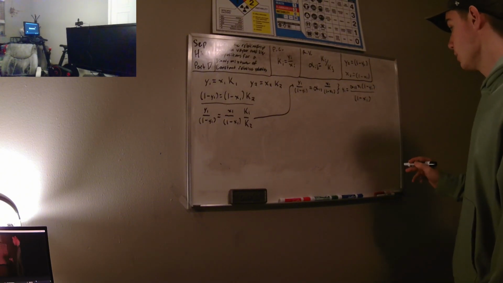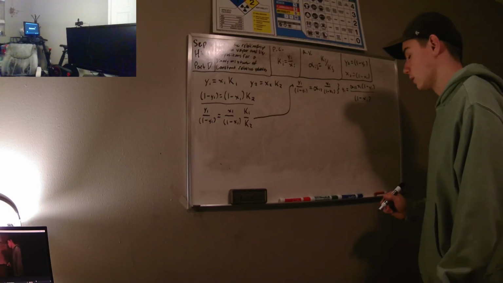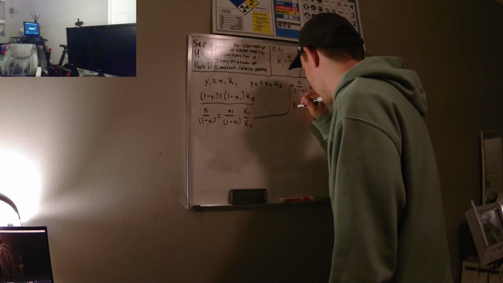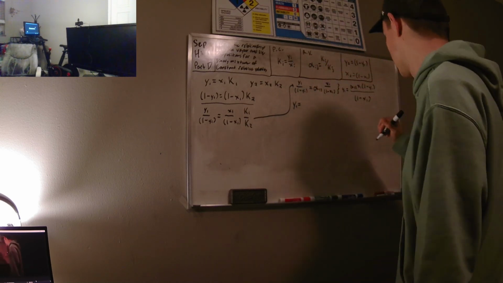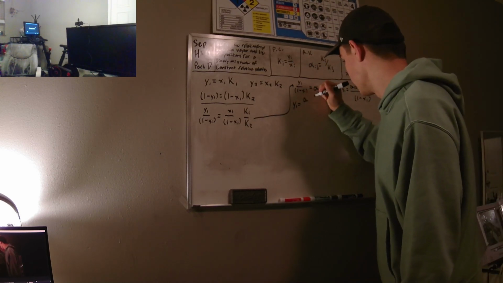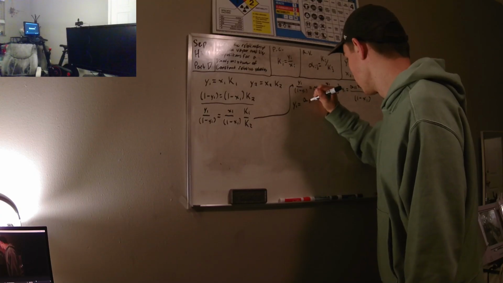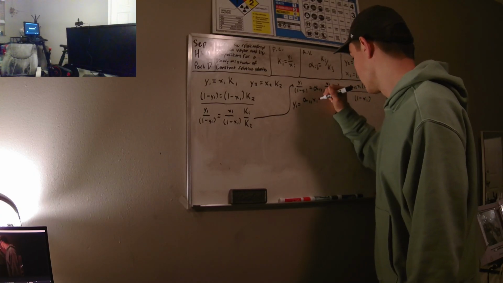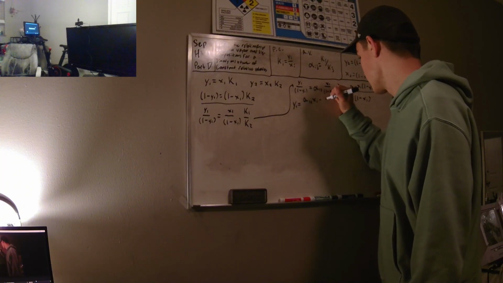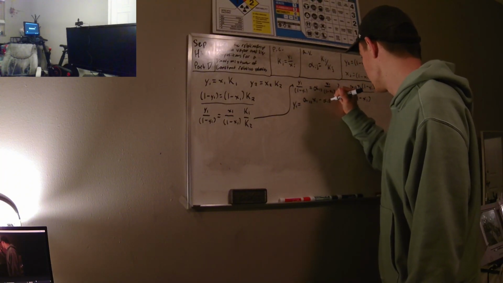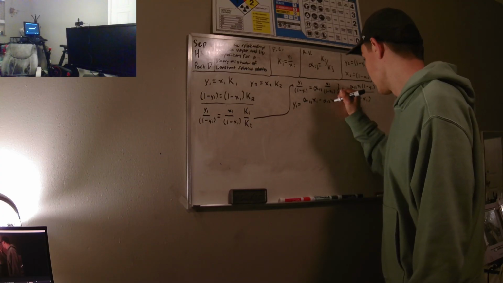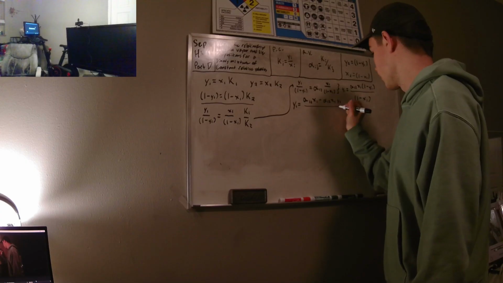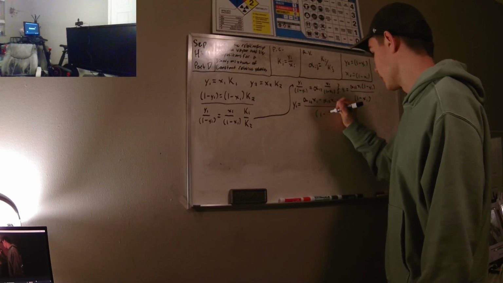And if we distribute our alpha element, we get y1 equals alpha 1,2 x1 minus alpha 1,2 x1 y1 all over 1 minus x1.